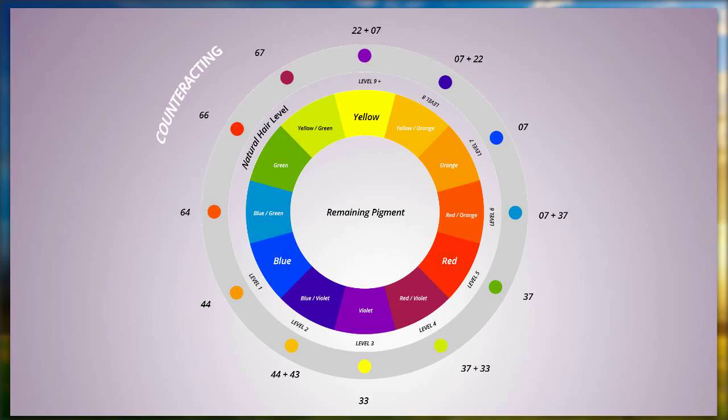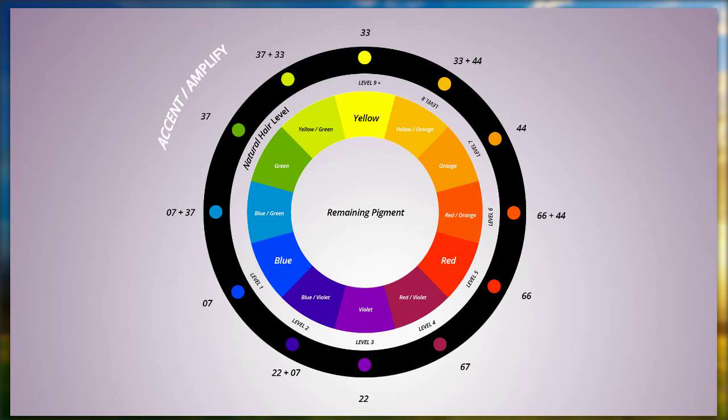If you follow this up to like a level 9 or a level 8, you're going to see that there's yellow orange left in there. So you can add '07 and a little bit of 22 into your formula, or just '07, and you're going to be able to counteract that stuff to make it more neutral. So you're trying to get rid of that underlying pigment that makes it too warm, okay? So you're trying to neutralize everything.